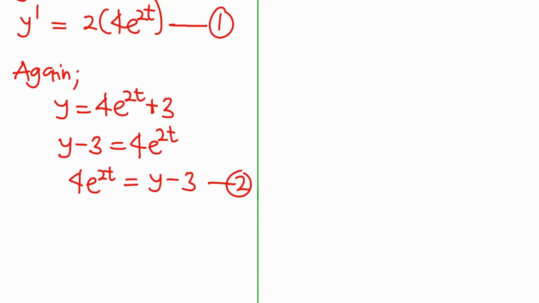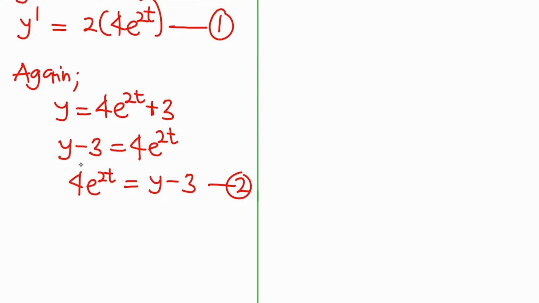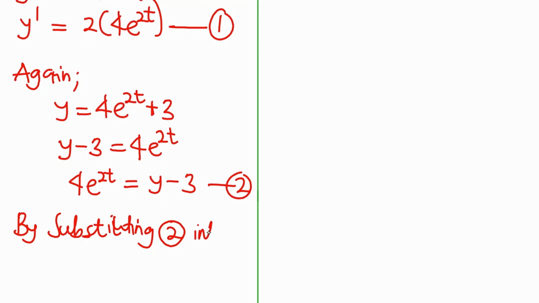So the next idea is to substitute equation 2 in 1, and with that we get our differential equation easily. By substituting equation 2 into 1, then what do I have? I have y prime to be equal to 2 multiplied by 4e^(2t), which in equation 2 is y minus 3.